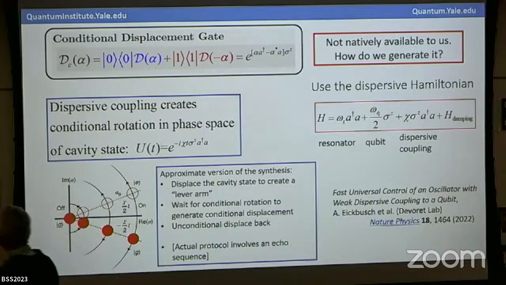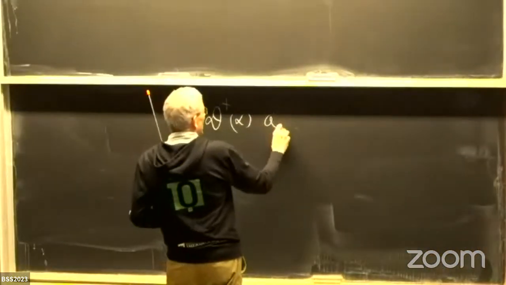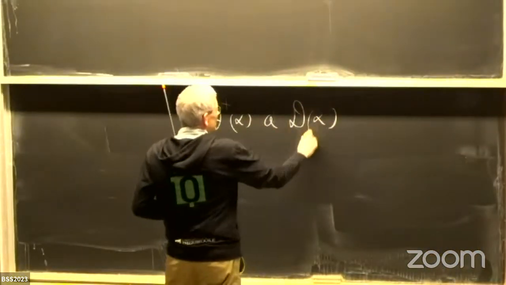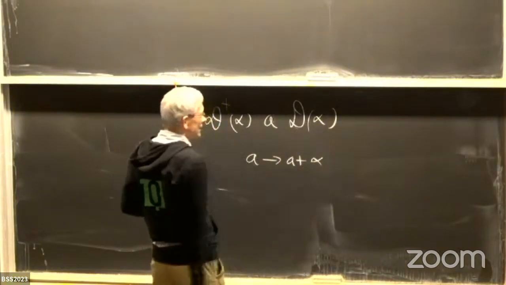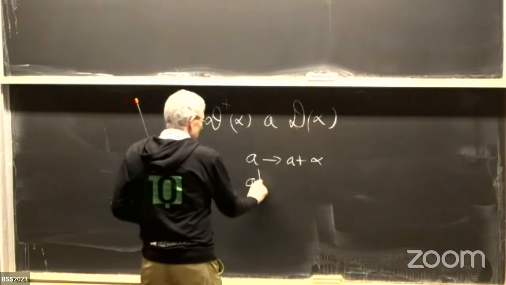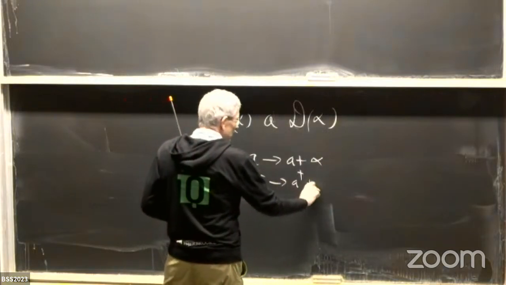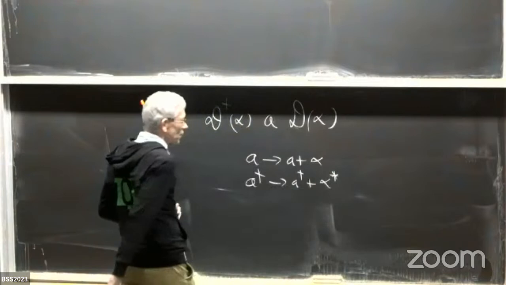So what Leo is saying is, if I take displacement D of alpha, this transforms A to A plus alpha and A dagger to A dagger plus alpha star.